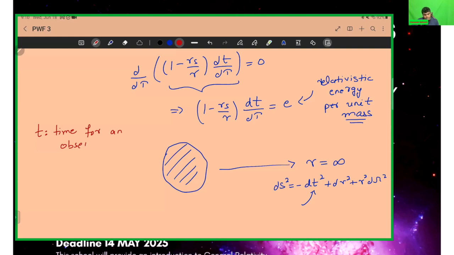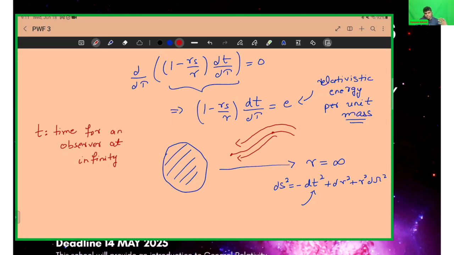Any object that's moving in this geometry will have a proper time along its world line. If the observer carries a clock with itself, that observer will experience some time on that clock, and that time is the proper time, because proper time is the time that an observer records when there is no difference in the spatial coordinates. For any observer, its own coordinate is not changing.